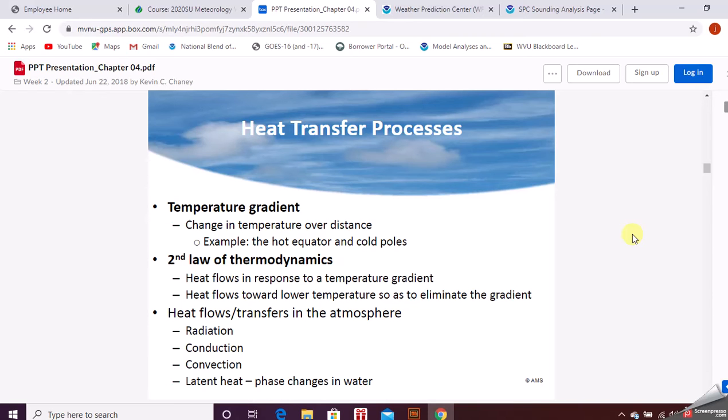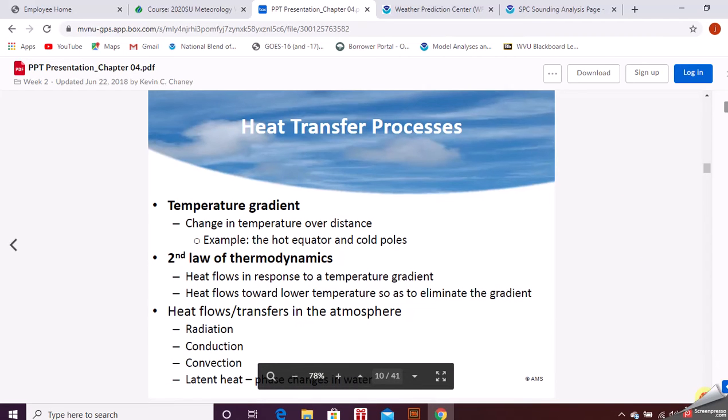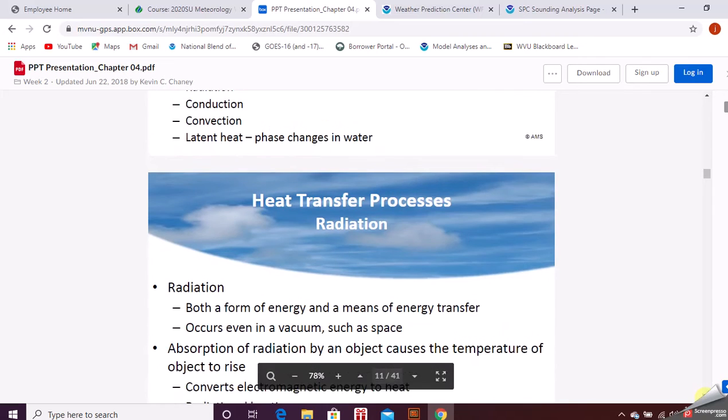Heat being moved around. Watch water boil. You'll see these bubbles start at the bottom of the boiling pot of water and move towards the top. That's convection. Latent heat is all related to phase change between liquid, solid, and gas. So we're going to talk in a little bit of detail about each one of those.